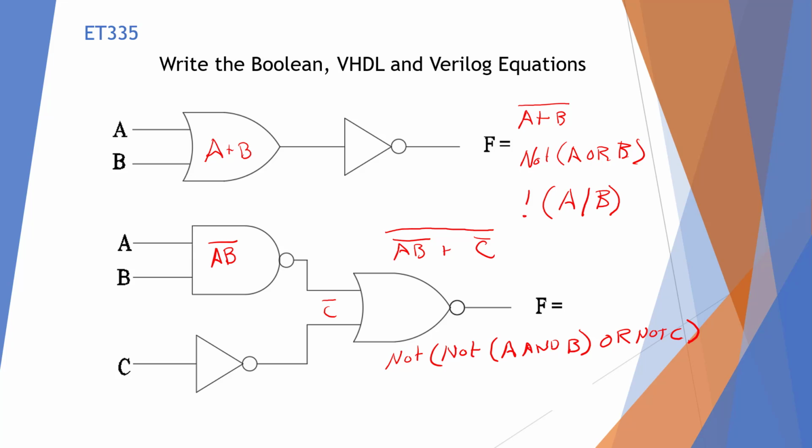And the Verilog is going to be exclamation point, parentheses, parentheses, A and symbol and B, pipe exclamation point C. Close the parentheses, and we have a balanced set of parentheses, so it looks good.